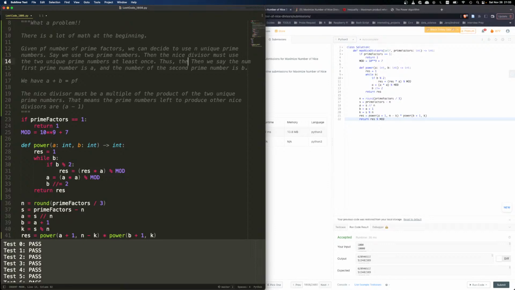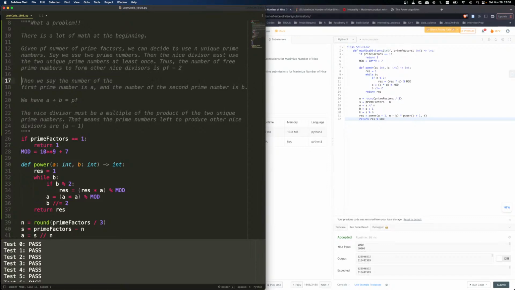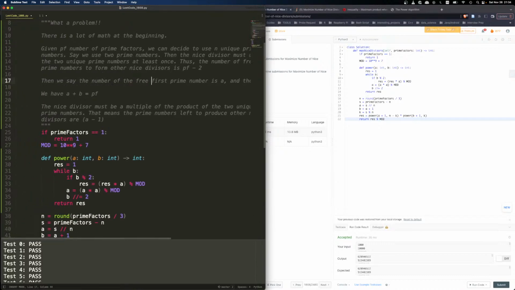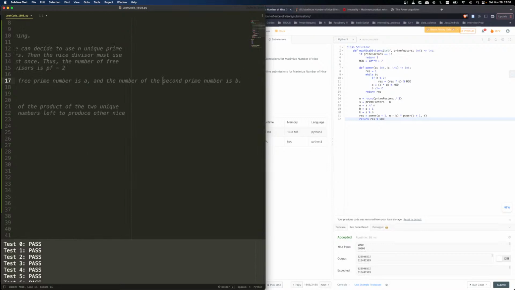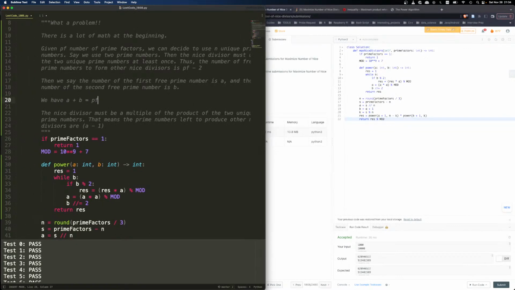Thus, the number of free prime numbers to form other nice divisors is pf minus 2. Now we say the number of the first free prime number is a, and the number of the second free prime number is b. Then we have a plus b equals pf minus 2, right?